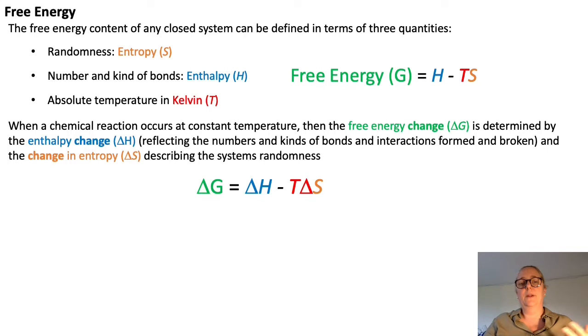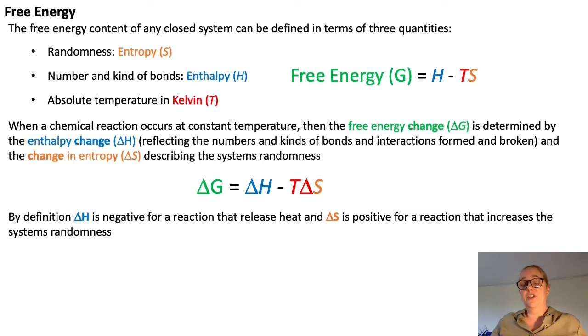So if we look at this equation again, rearranged: delta G, the free energy, equals delta H, the enthalpy change, minus the temperature in Kelvin times delta S, the entropy.